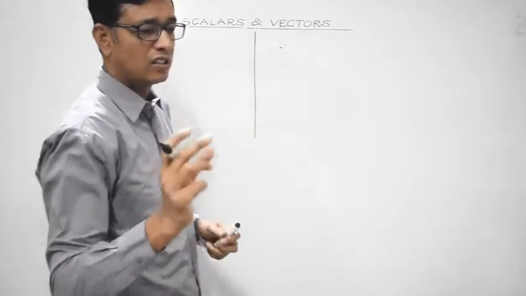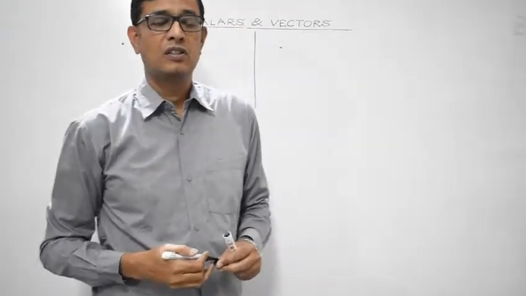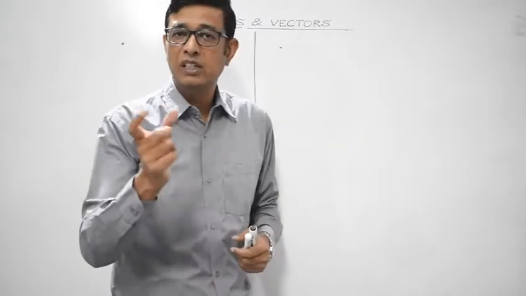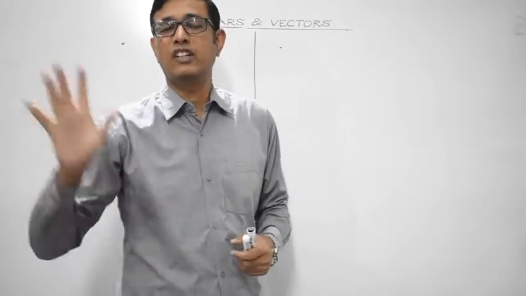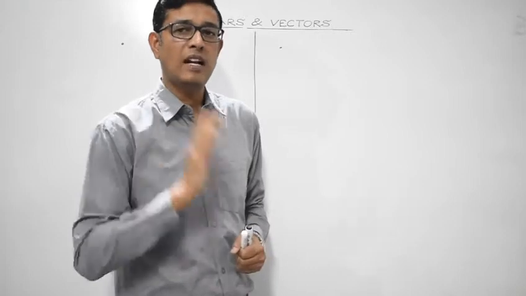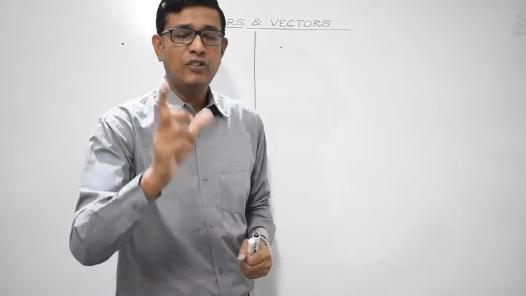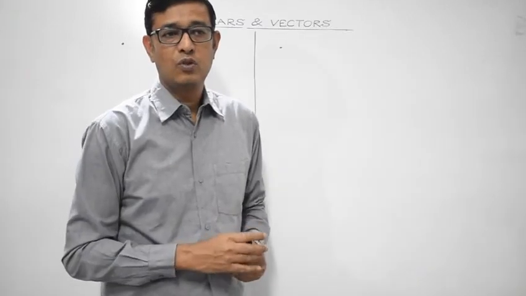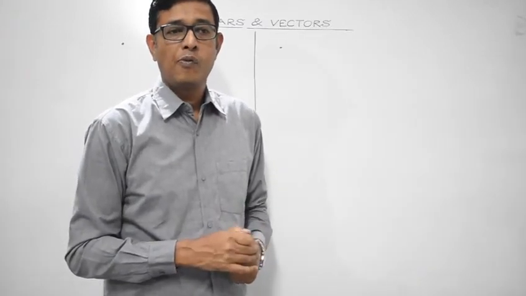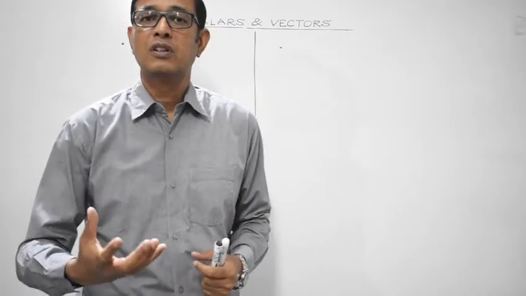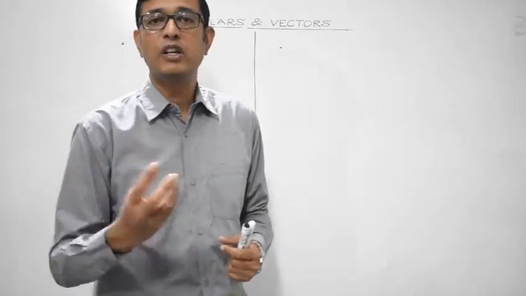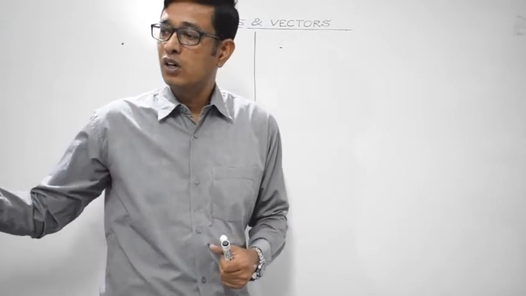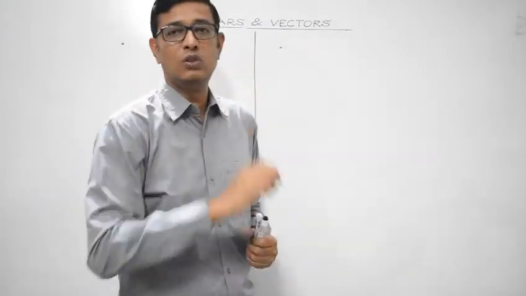First you need to understand the basic difference. Scalars are those physical quantities having only magnitude but no direction. They possess only magnitude. I'll give you an example. Let me ask you a question. How much is the distance traversed by you in going from your home to school?